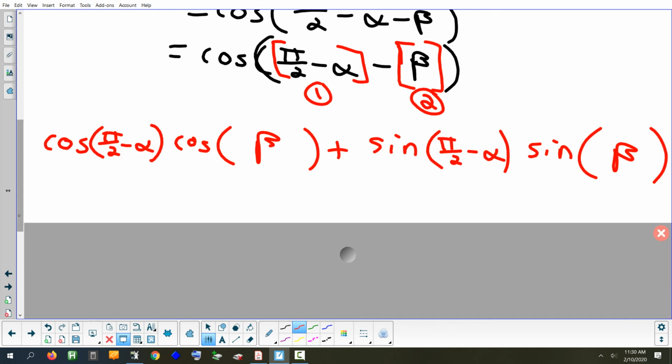So anytime you take the cosine of pi over 2 minus something, the answer is just sine of your something. Cosine beta plus. Now, this is sine of pi over 2 minus alpha. If cosine of pi over 2 minus alpha turns into sine, what do you think sine of pi over 2 minus alpha turns into? Cosine.